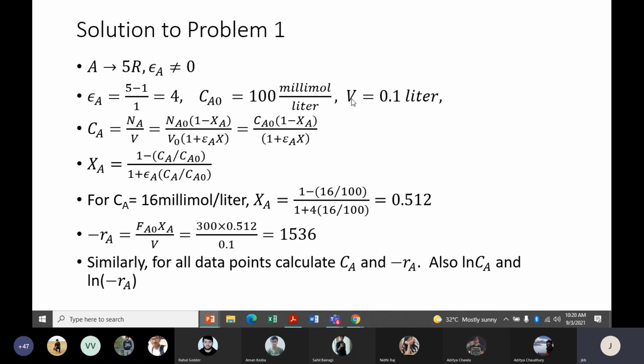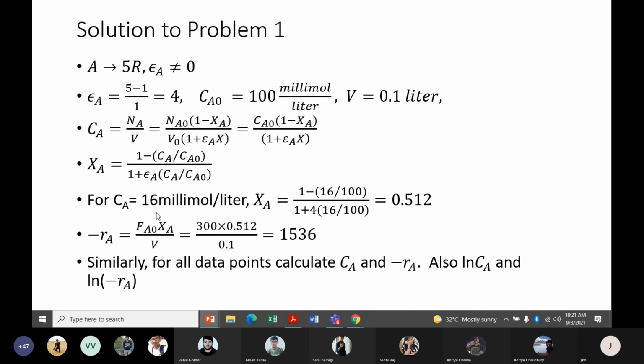And here we are using that empty reactor volume, that is V, as the reactor volume, because for a gaseous system, what is the volume of the reactant? That is the same as the reactor volume. But for liquid phase reaction, we cannot consider this empty volume. So for gas phase reaction, that is the reactor volume.